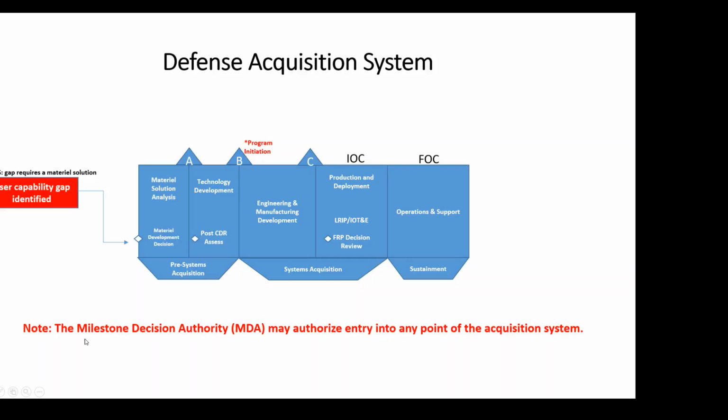So the key thing here with the defense acquisition system: remember material solution and the milestone decision authority. That's your senior acquisition person, whether at the DoD level or the service level, who may authorize entry into any point of the acquisition system.